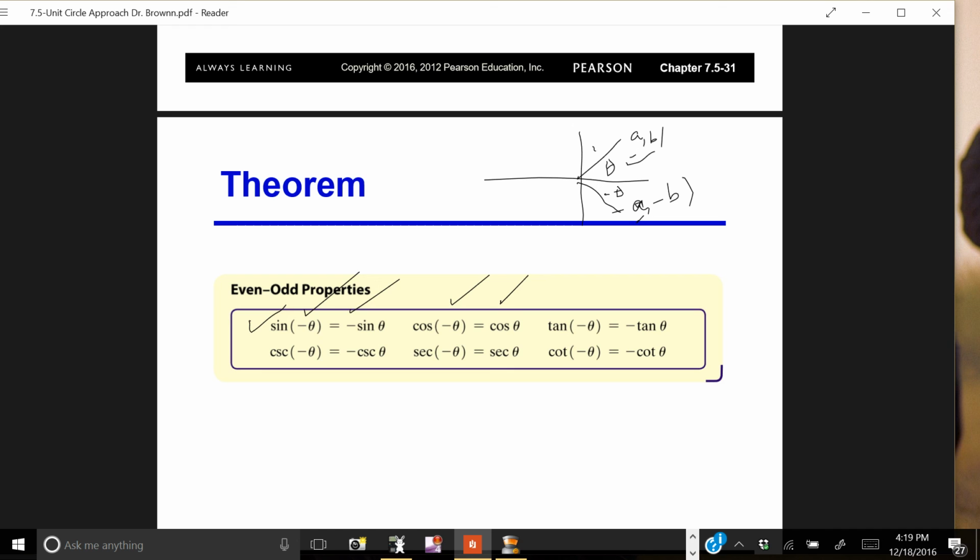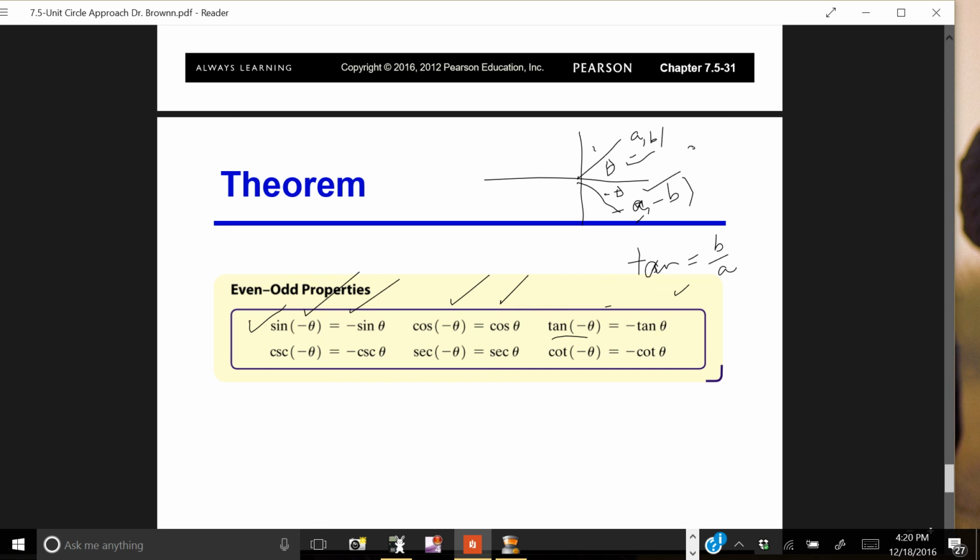And notice that since tangent is equal to B over A, for minus theta, the tangent of minus theta happens to be the negative of tangent of theta.